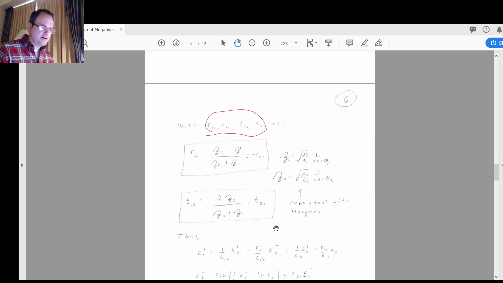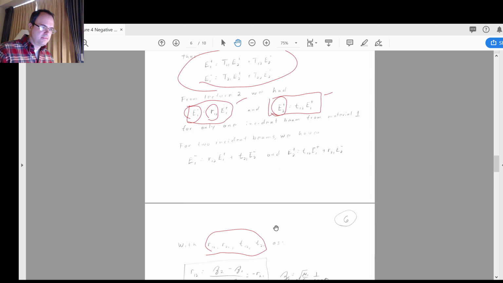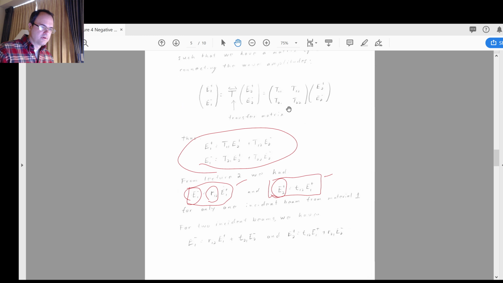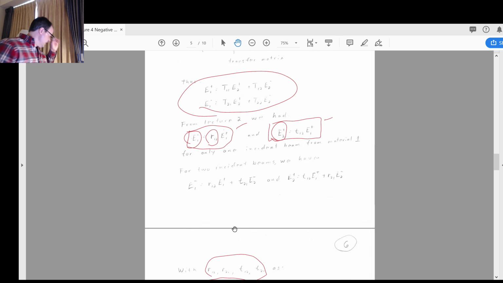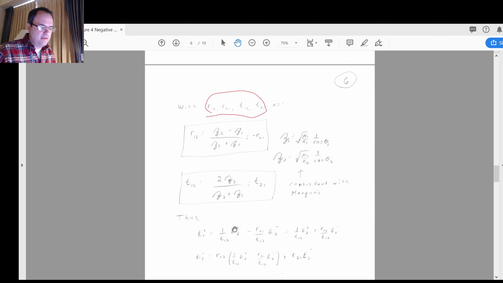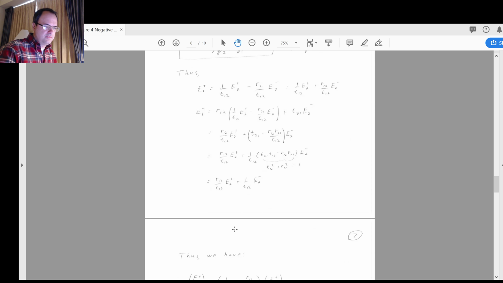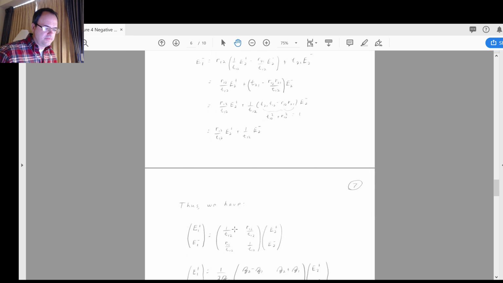And so when we solve this, the aim is to get these 4 components, and we know this and this. Excuse me. So we do a little bit of math, and we find that we just do some substitutions here, and we see that we get this right here for our different components: T11, T12, T21, T22.